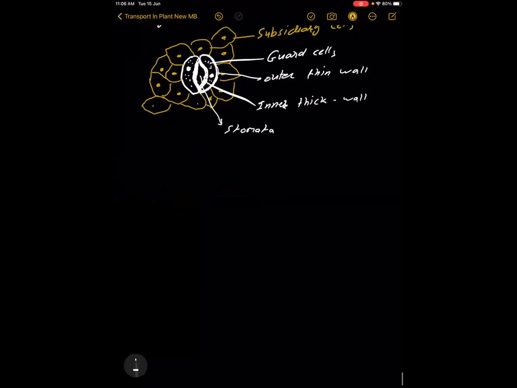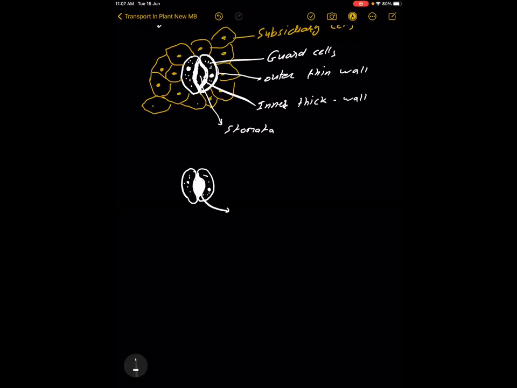If water moves out from the guard cells, then the cells become flaccid. The same concept is applied here: exosmosis, endosmosis, DPD, osmotic pressure. So the guard cells become flaccid and the stomata is closed.